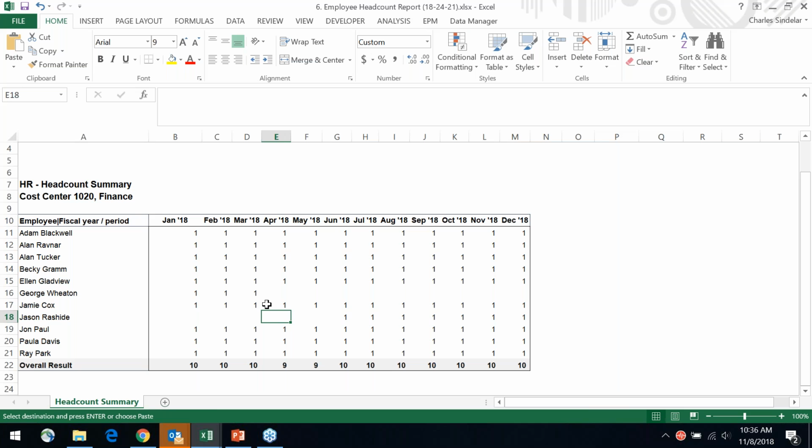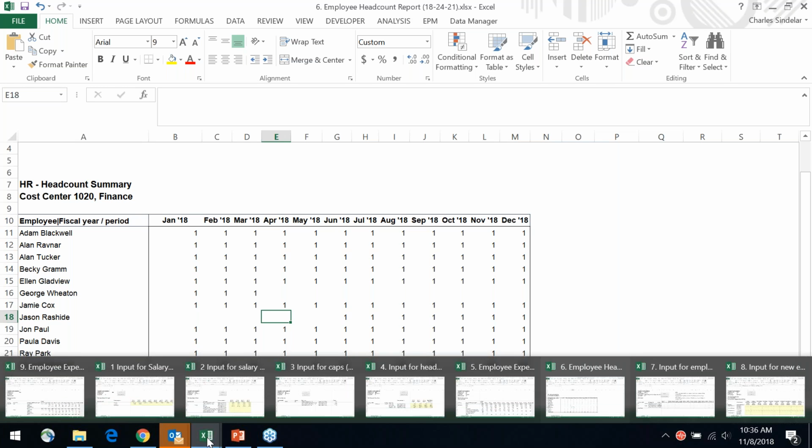You could do it company-wide, so you know how many people you have working in any given month. You can also look at it on a more granular level by employee type. You can do all these splits because it's by any dimension. You can split it by employee type and things like that. So you can get real granular in your reporting. But I didn't want to keep covering the functionality.